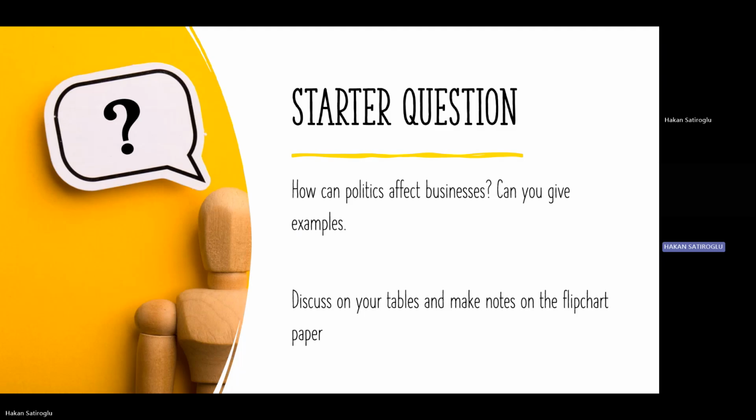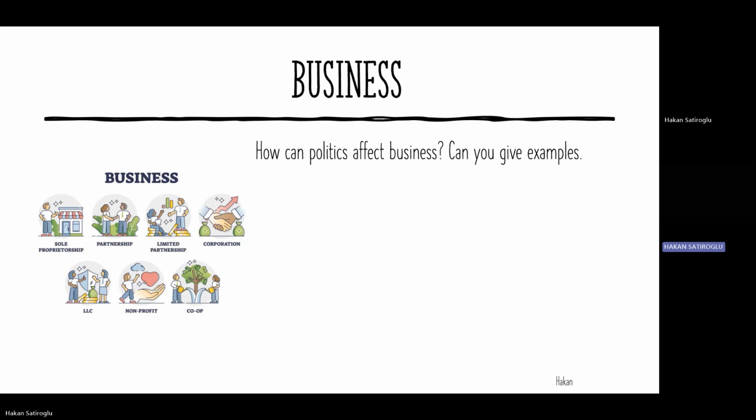Okay, I presume you stopped and did that task, and now the next slide is about how politics can affect business. Businesses are sole traders, partnerships, limited partnerships, corporations, non-profit organizations, and co-ops, and many different organizations exist.